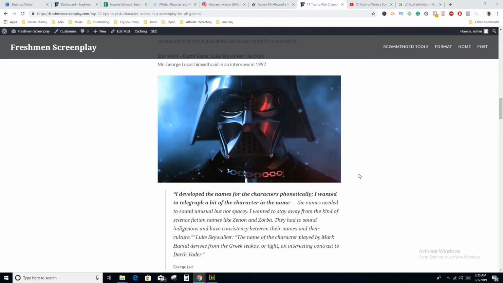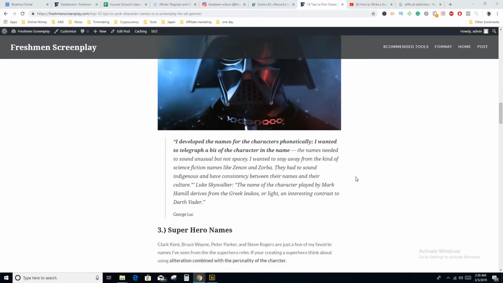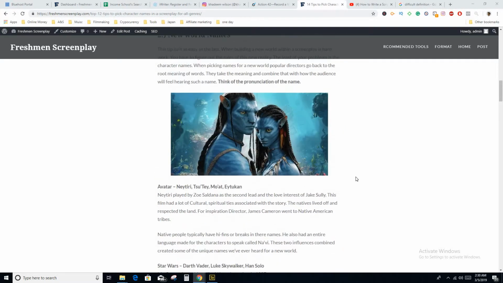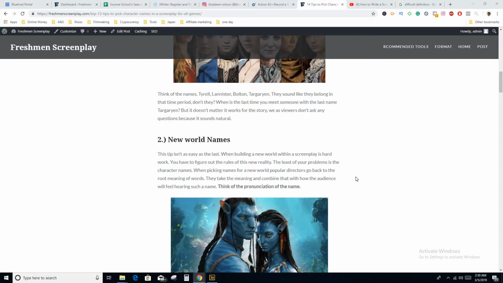And he stayed away from names that started with Z or X because those are typical names that you would normally associate with any galactic or interplanetary type of film. Those were the names that were popular, but he wanted to be unique when it came to this. Okay, so that's step one, I would say.